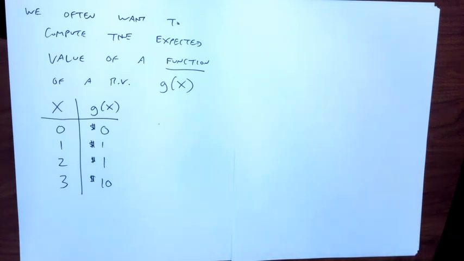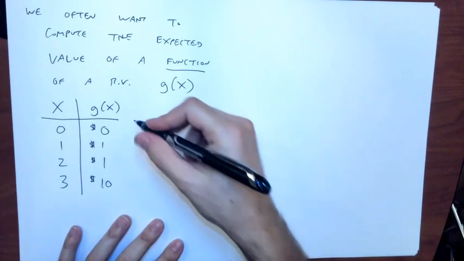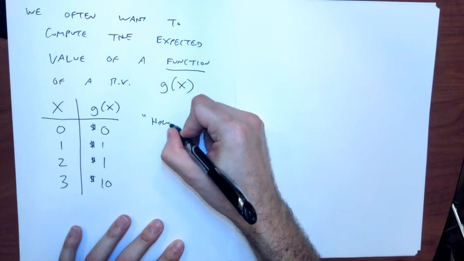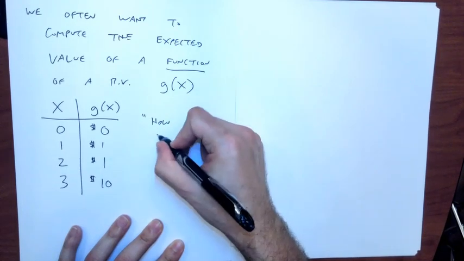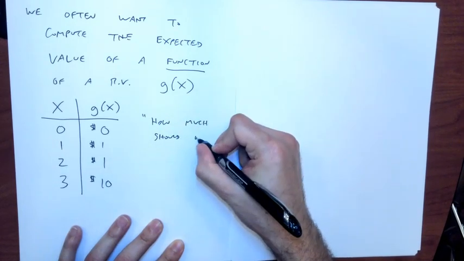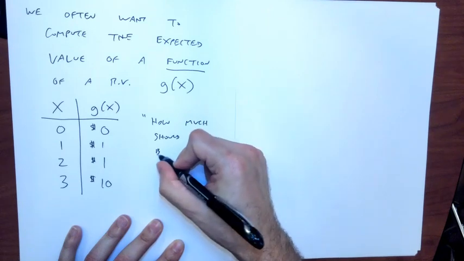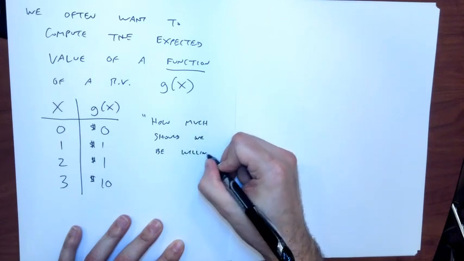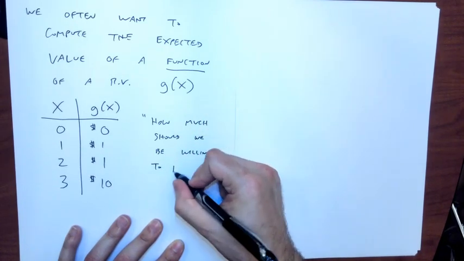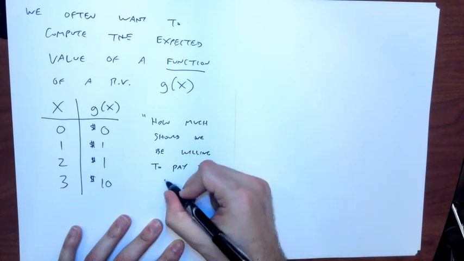And so the question, and you see this in probability textbooks all the time, is, how much should you be willing to pay to play this game? Okay? That's a very standard way of seeing a problem written.